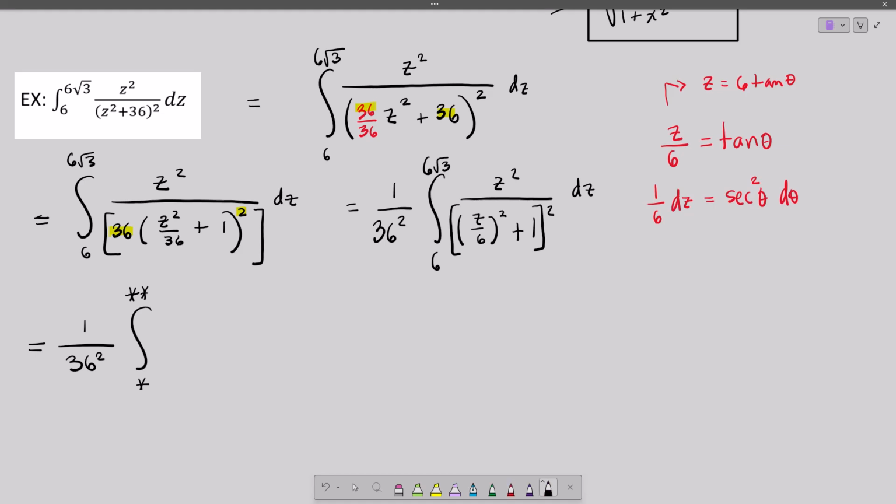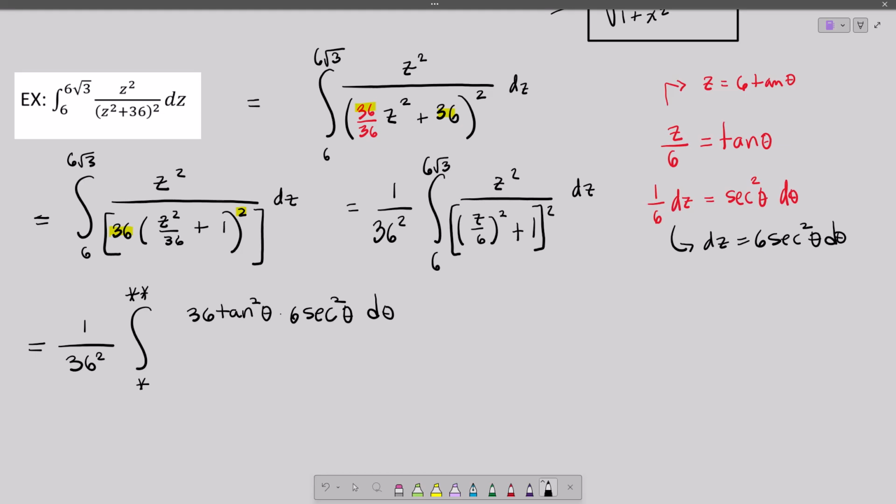So if you square it, you're going to get 36 tan squared. dz, if you multiply both sides by 6, you'll get that. So the dz is going to become 6 secant squared of theta times d theta.